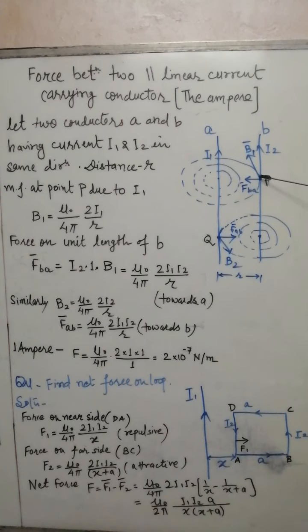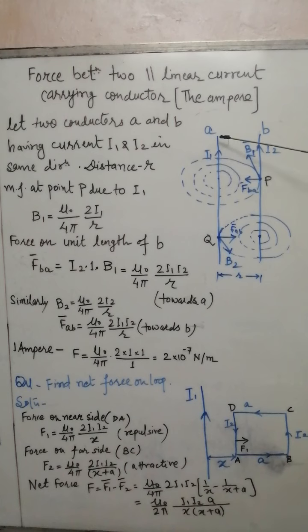Now we have a magnetic field due to this current carrying conductor, and we know that a current carrying conductor in a magnetic field experiences a force. So the second conductor, this B, will experience a force due to its magnetic field.